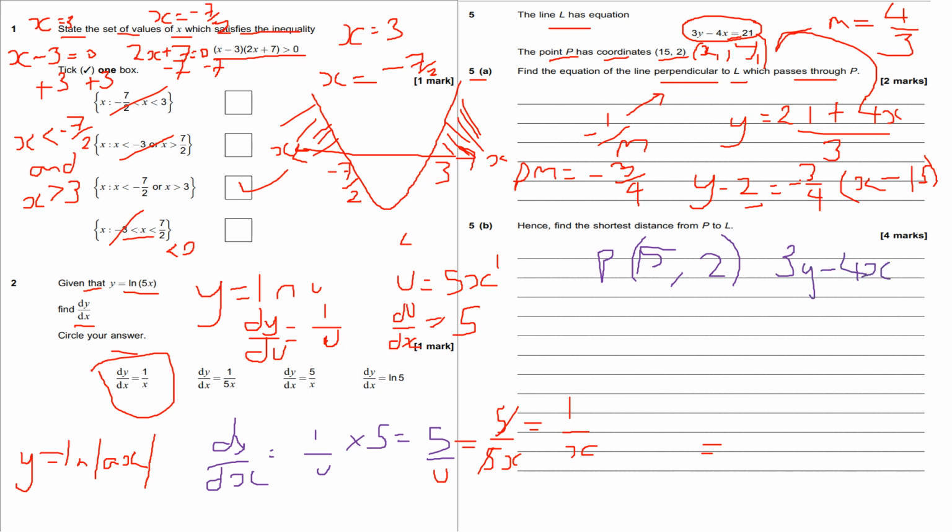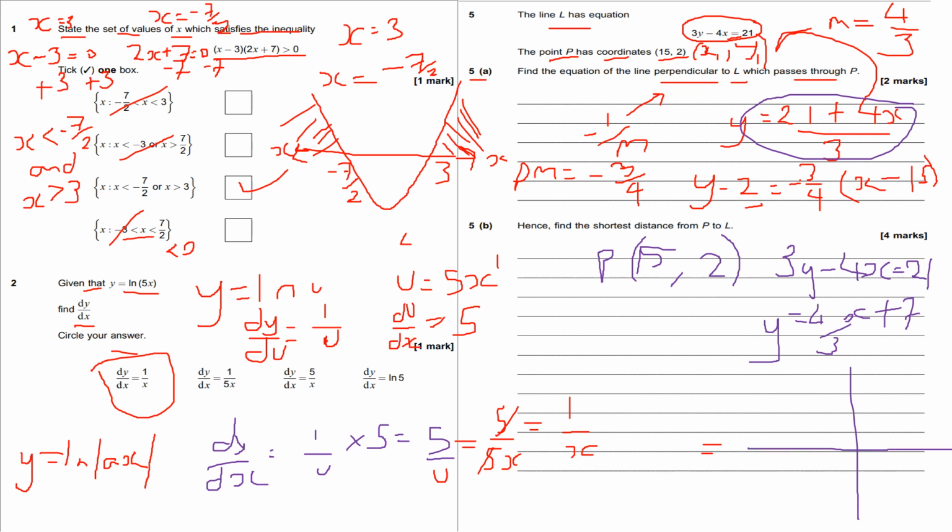Okay, so let's draw a little picture of this. So that would be y is equal to 4/3 x plus 7.